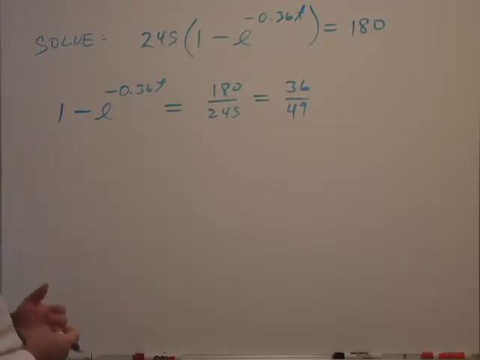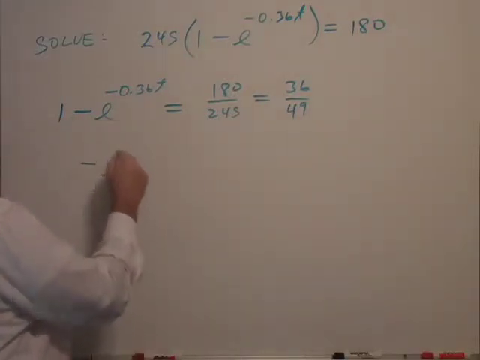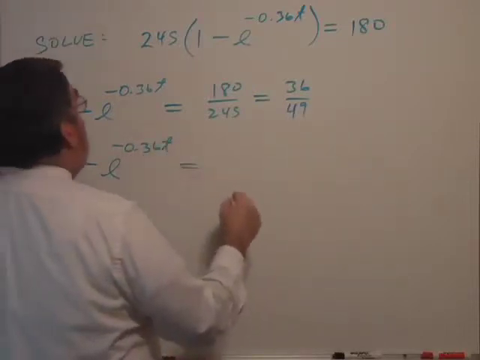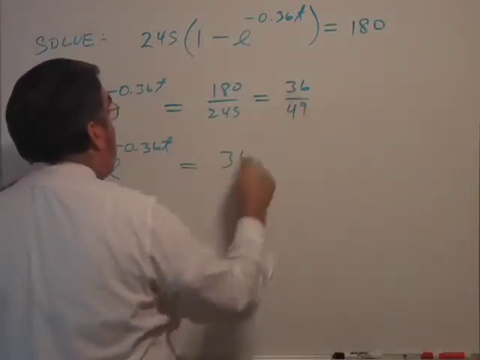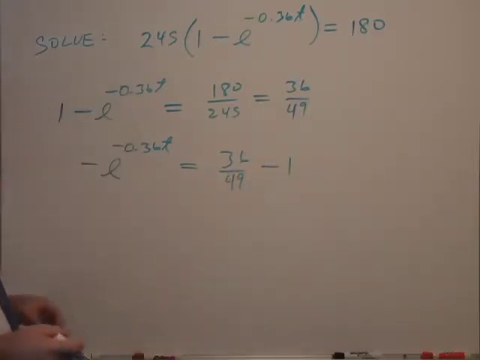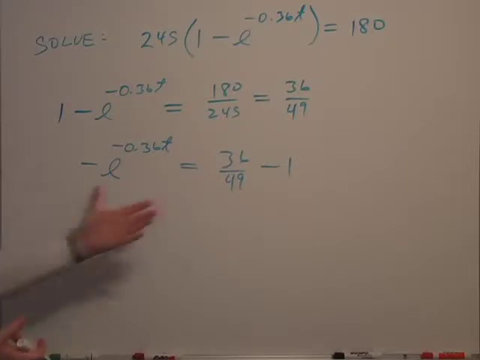All right, now I'm going to subtract 1 from both sides, and so negative e to the negative 0.36t is this fraction 36 over 49 minus 1. And you can leave it like this if you want and ultimately plug everything into a calculator.